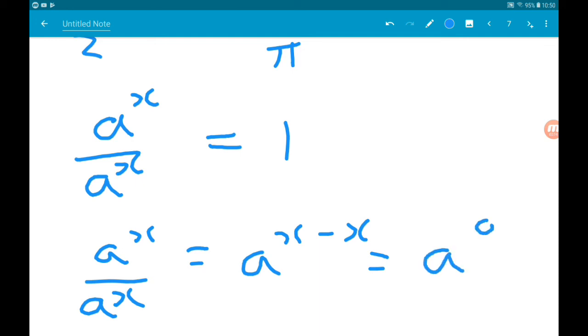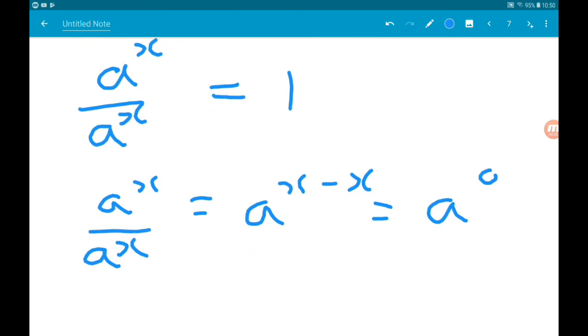Now we've just shown then that a to the x divided by a to the x is 1, and a to the x divided by a to the x is a to the power 0. Therefore, a to the power 0 does indeed equal 1.